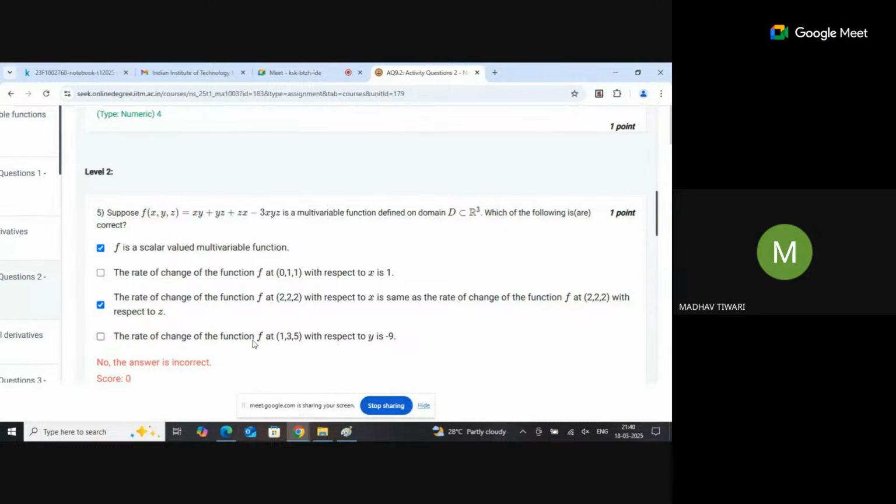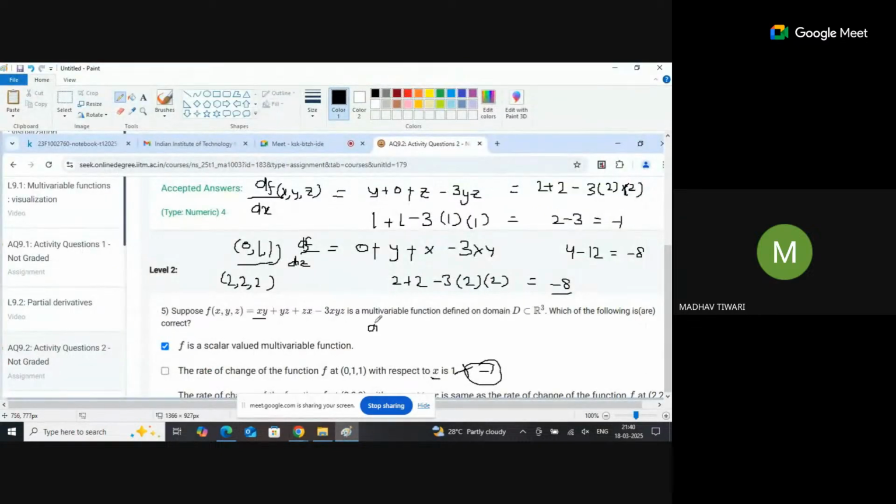Next is the rate of change of the function at 1, 3, 5 with respect to y. So now I will differentiate it with respect to y. It will be x plus z minus 3xz. For 1, 3, 5, y is not there, so 1 and 5 I will put at x and z.